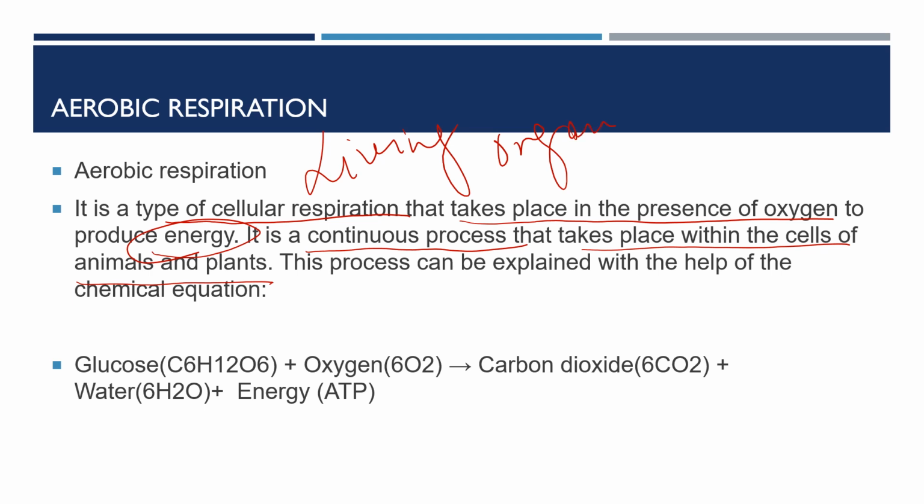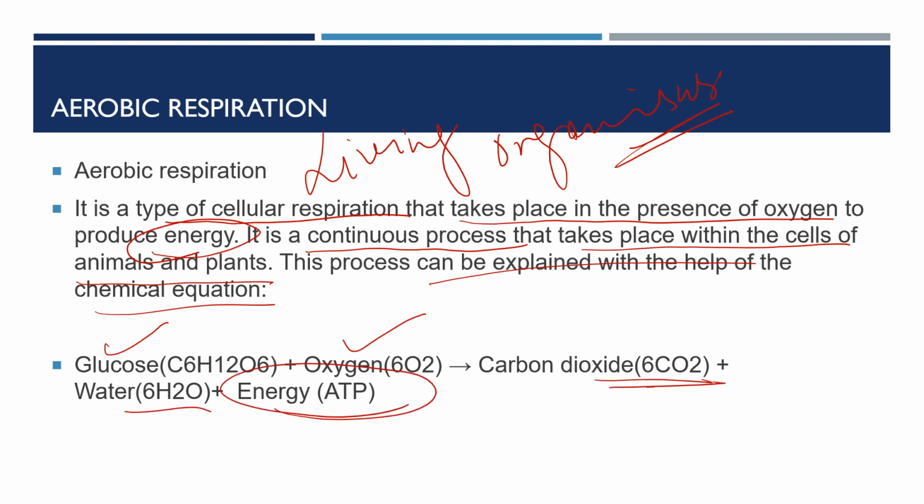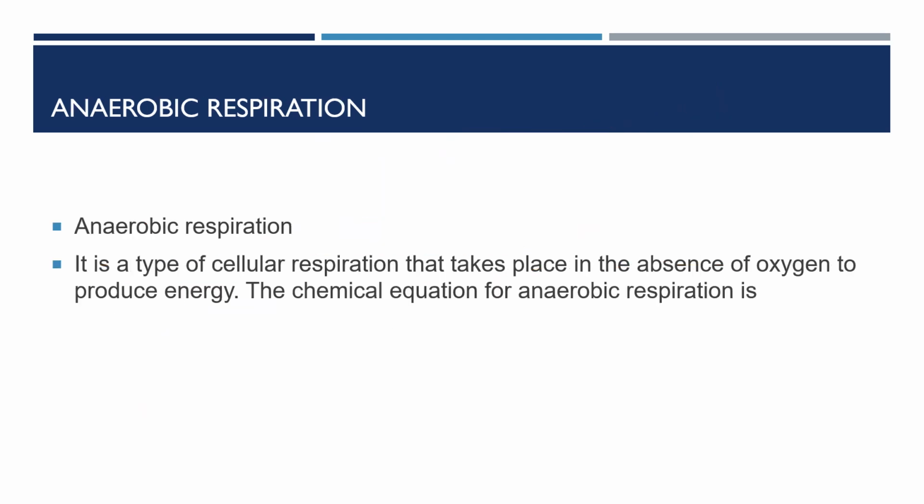These are all important life processes which are necessary for living organisms to be alive. This process can be explained with the help of a chemical reaction: glucose in the presence of oxygen is broken down into carbon dioxide, water and energy in the form of ATP molecules.